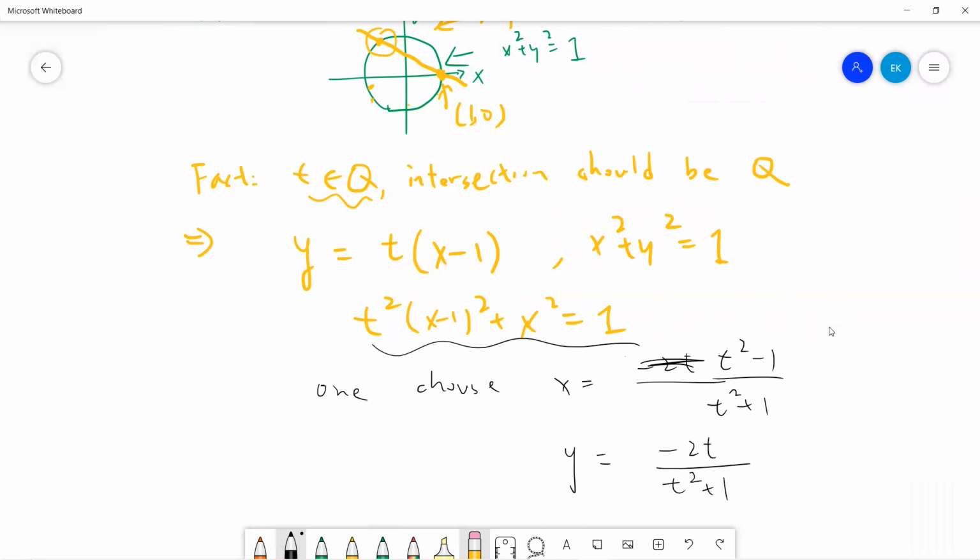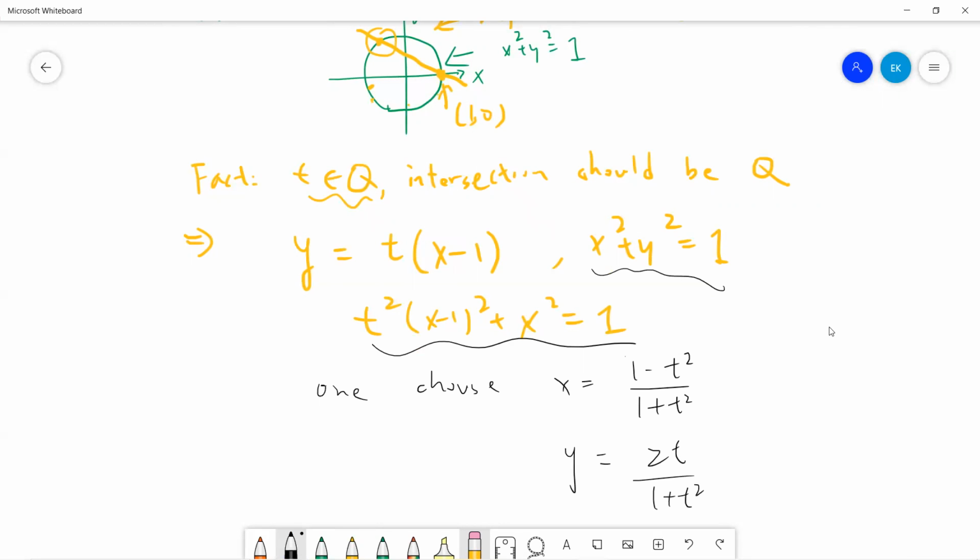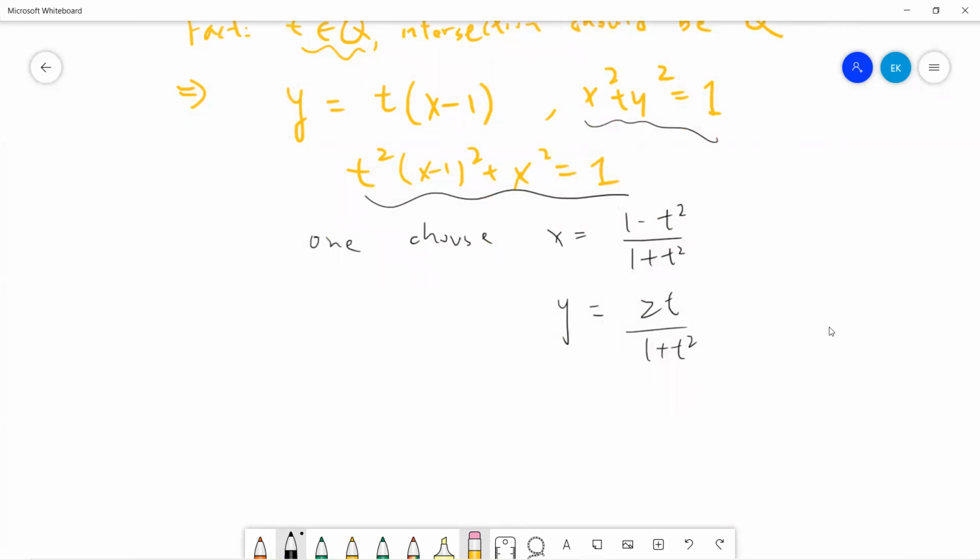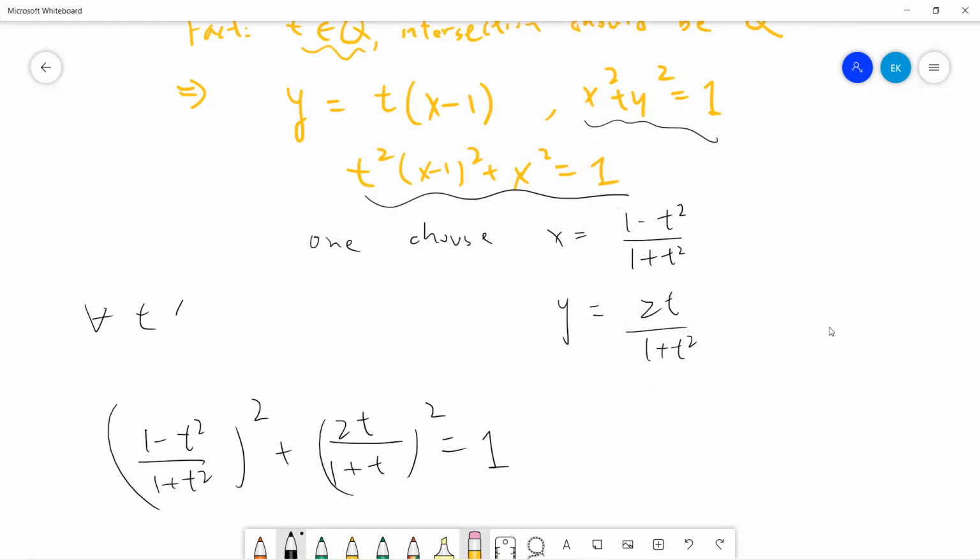Since our original equation is symmetric, I can flip x and y, or flip x to be minus x, so the conventional parameterization is this. And then you get this, and you can easily show that it equals 1. So any rational number t gives you a point.